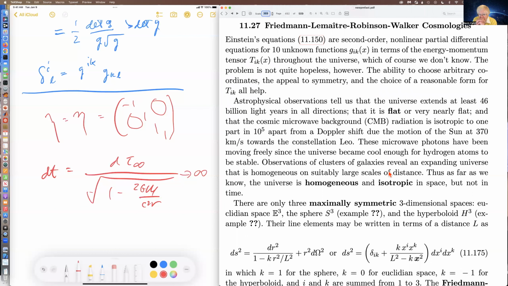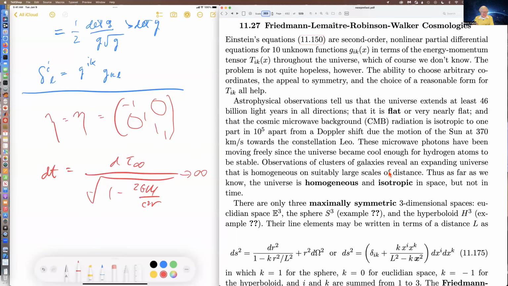And even ordinary neutral matter, of course, is composed of charged matter, and so it would be radiating, even though it's macroscopically neutral.